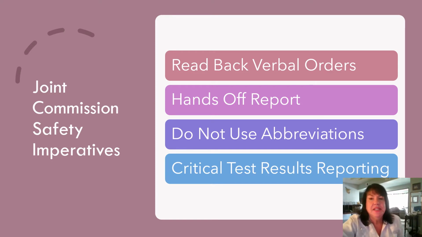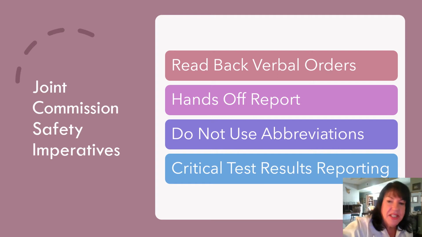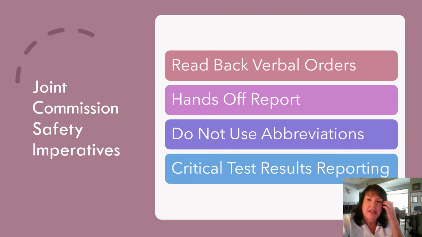So this is whether they're on the phone or they've happened to just catch you in the hall and said, you know, give such and such to such and such a child. Repeat it back to that physician. It will save a lot of patients, so that we know there hasn't been any misunderstanding about what the physician has actually ordered.